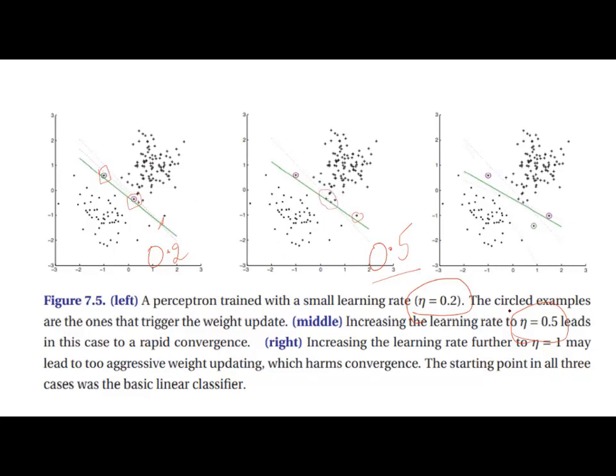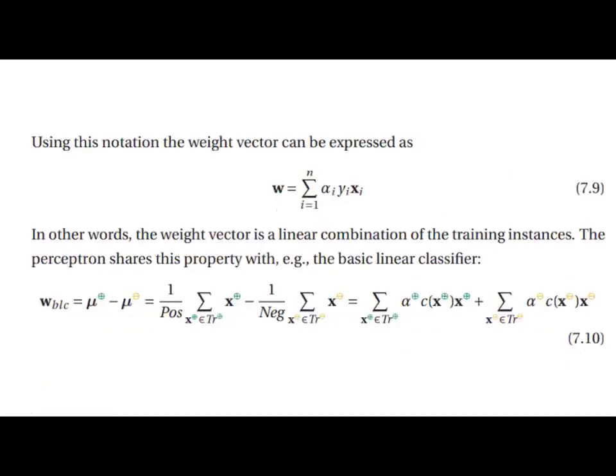And now if you increase the learning rate to 1, see, some changes will come. So increasing the learning rate further to 1 may lead to aggressive weight updating, which harms convergence. So this is called the perceptron, my dear friends, perceptron.